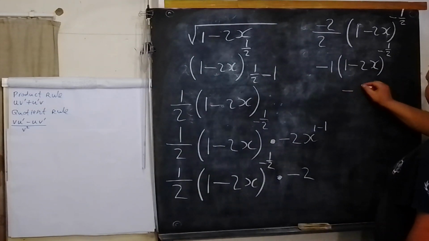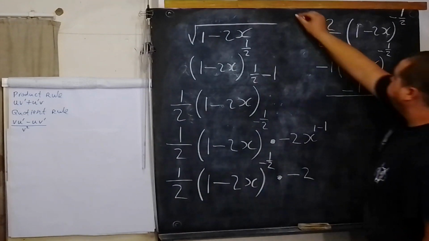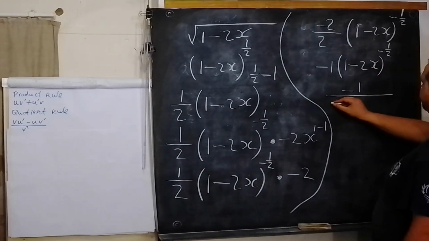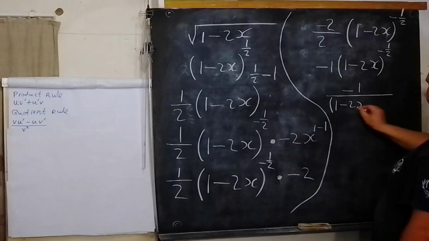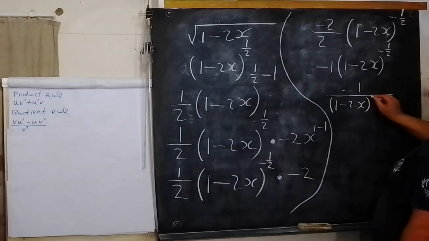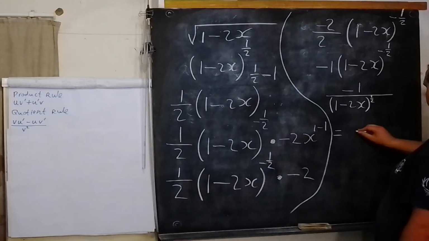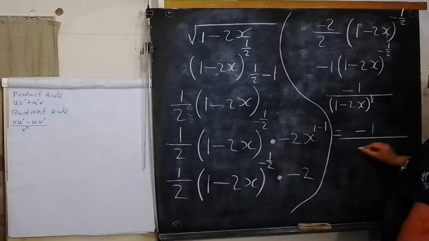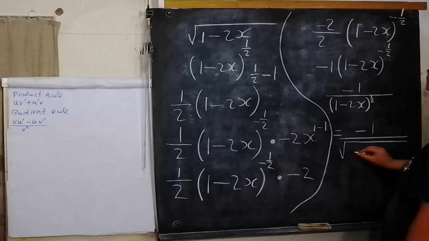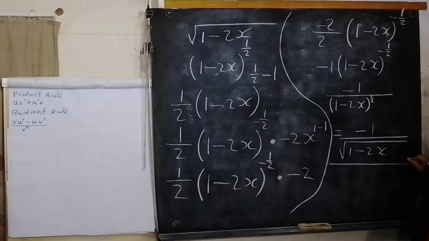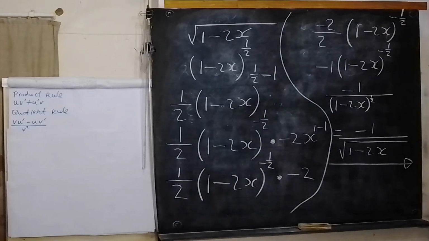So we'll have minus 1 times (1 minus 2x) to the power a half, which will equal minus 1 over the root of 1 minus 2x. And that is our answer.